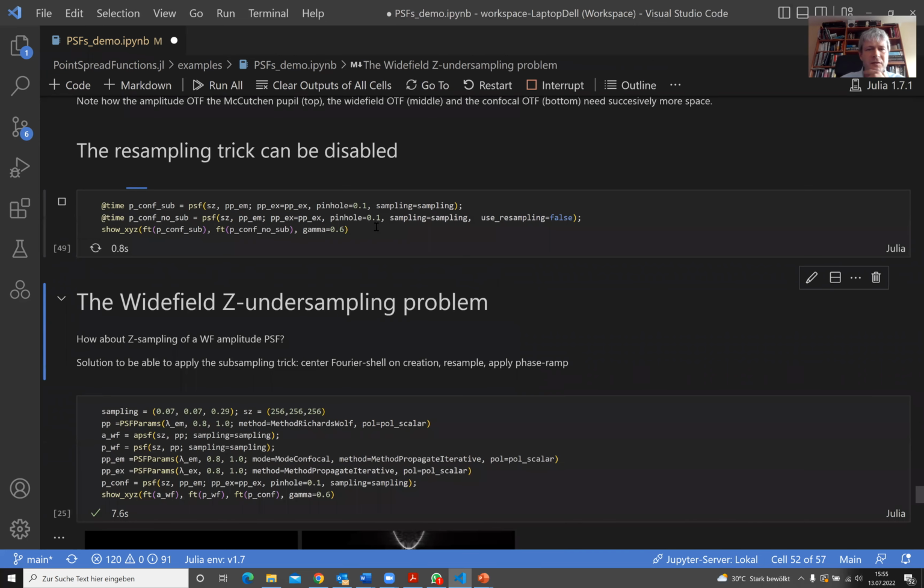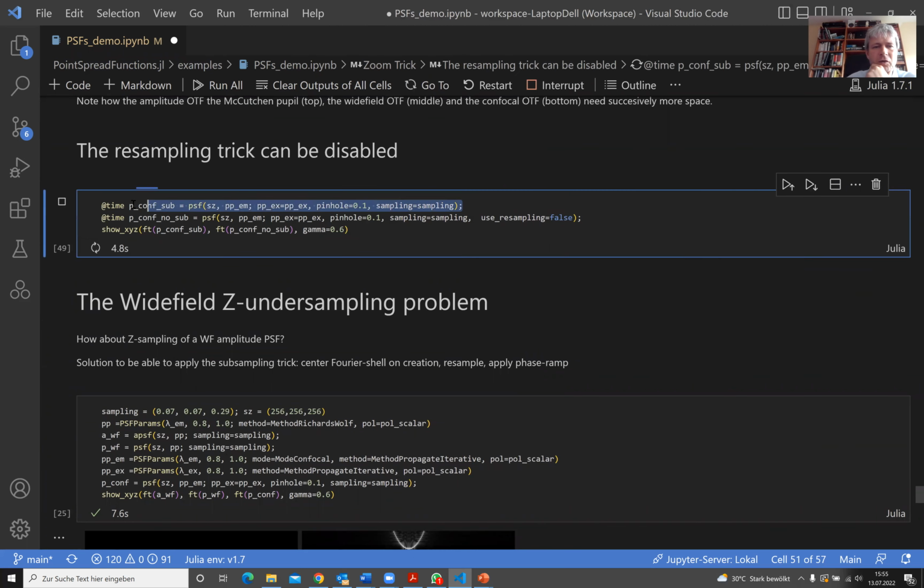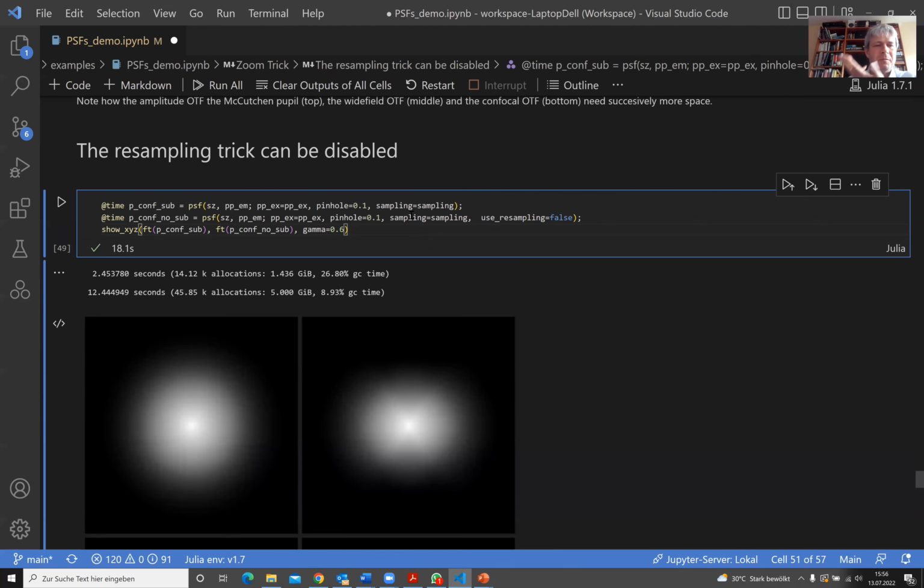Here's a comparison where I'm comparing the standard calculation, as shown on top, with the one that has this use resampling folds feature turned off, which does not resample and just calculates everything on the same grid. You see that the speedup is quite big, and the results are virtually identical because this upsampling doesn't add to it.